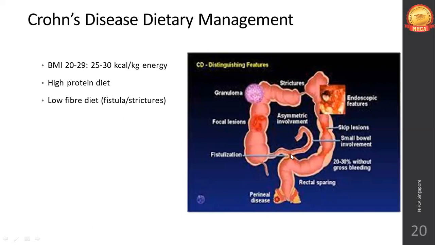But you can see an abnormal pathway which is formed between the sigmoid colon and the small intestine, which should not happen. Normally, it should not happen. But you can see an abnormal pathway getting created here. Is it visible to all?